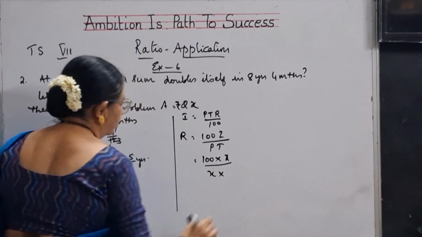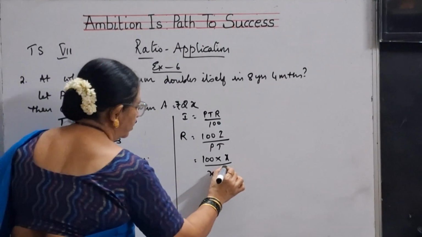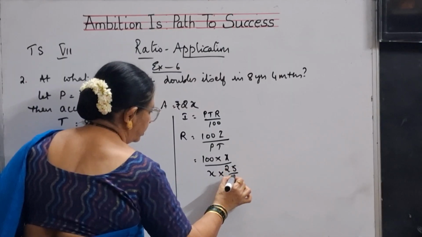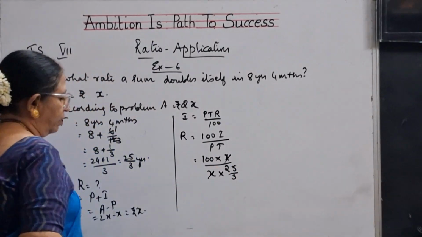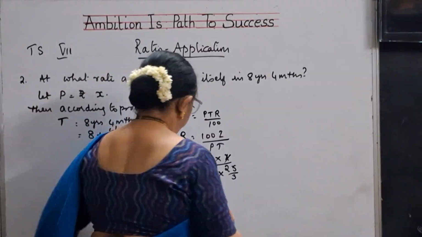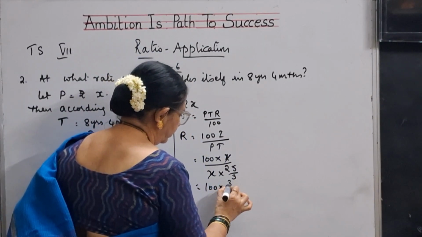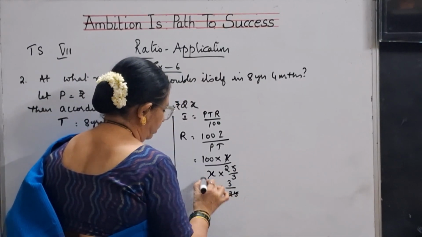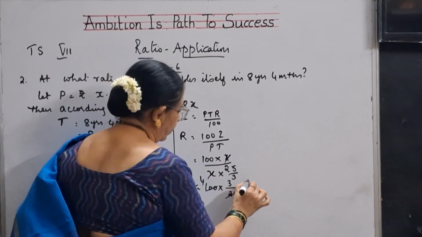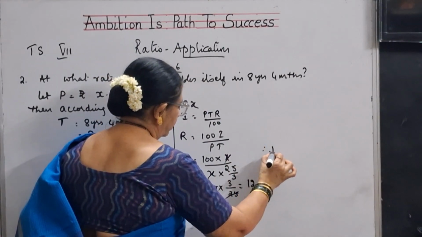That is also X, into what is the time? 25 by 3. So you can cancel these two X. Now you will be getting 100 into 3 by 25, reciprocal. 25 fours are 100. So 12.